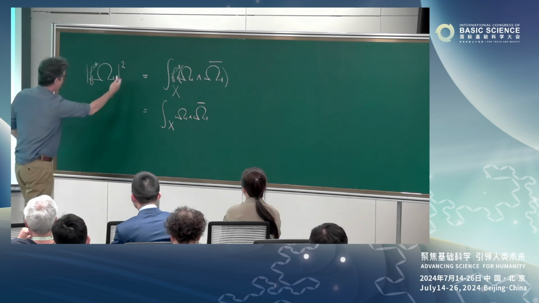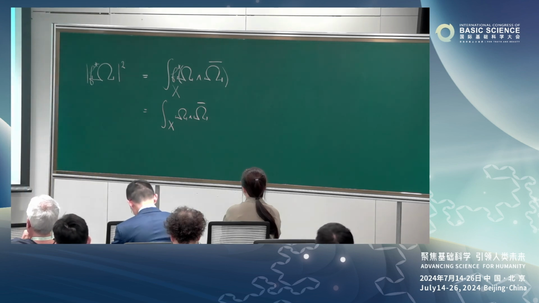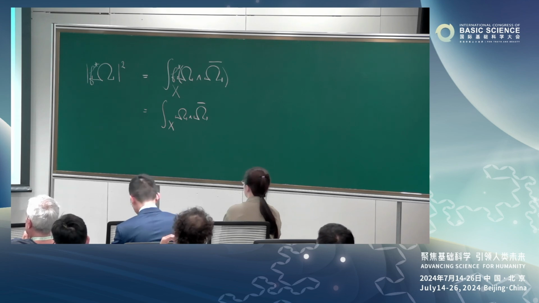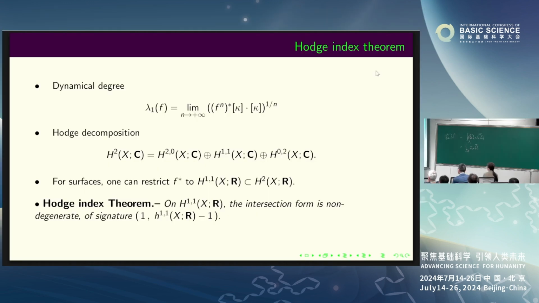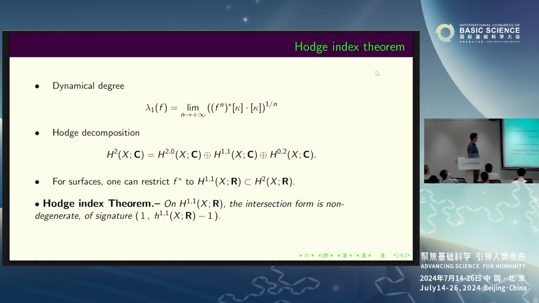So this Hermitian product is invariant on H20, which implies that all eigenvalues you see on H20 have modulus 1. And on H02, it's the same just by complex conjugacy. So this is why we can always restrict to H11, something that I'm in fact using since the beginning.